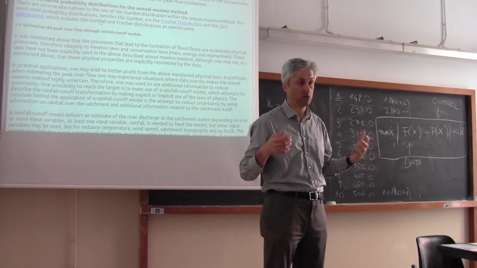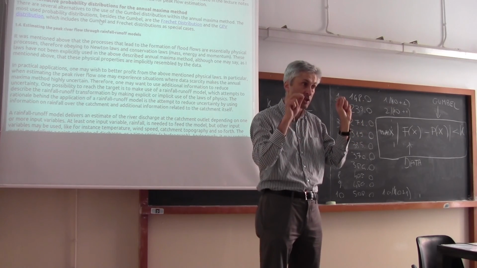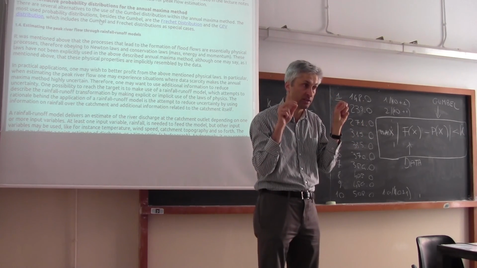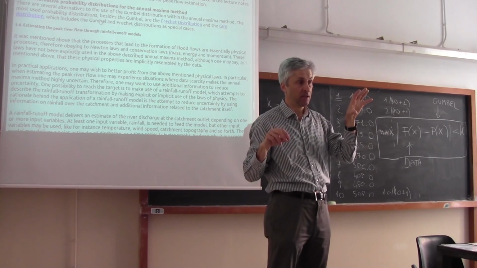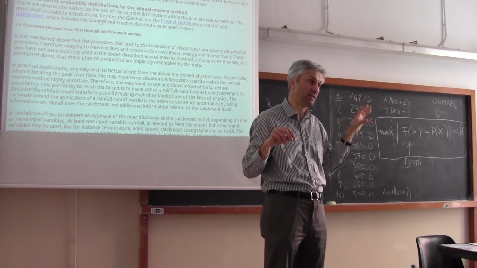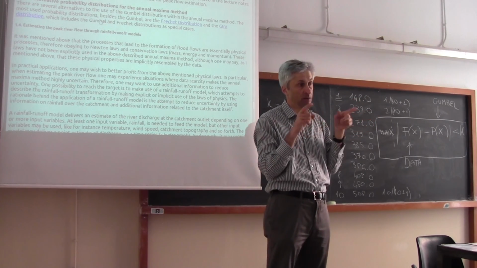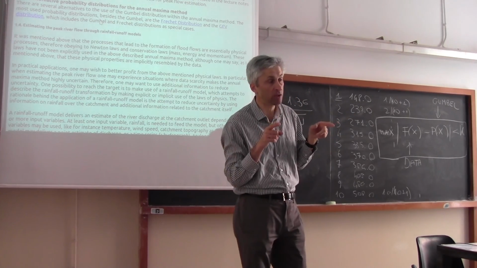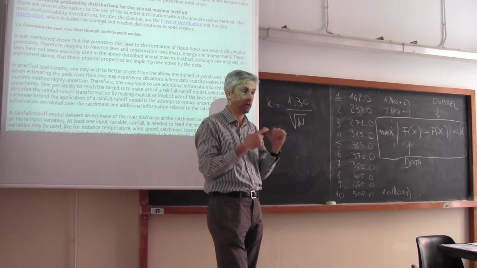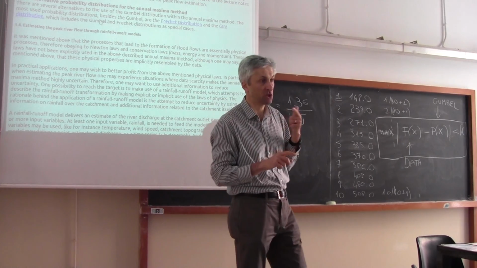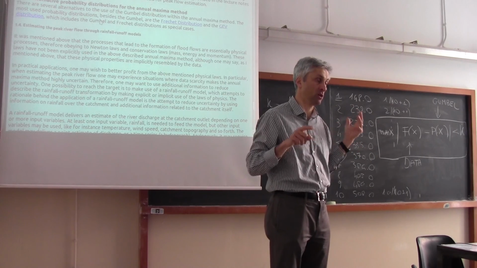This is indeed true, for instance, in Italy. For each administrative region in Italy, in the past, relationships were provided for estimating the average of the annual maxima depending on the physical behavior of the catchment: the catchment area, shape, slope, and geology.